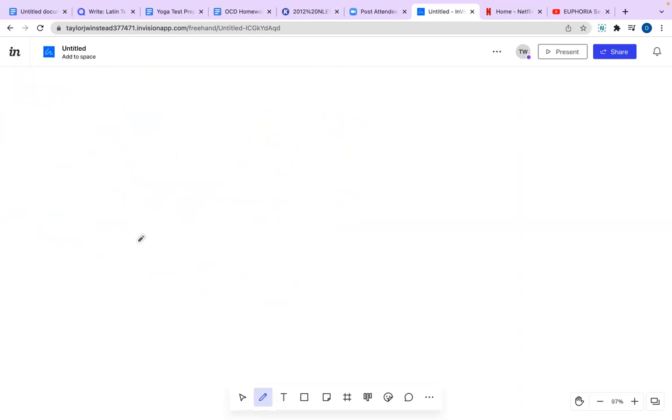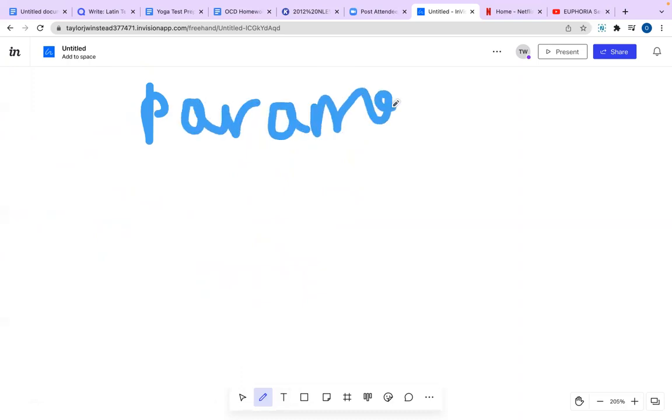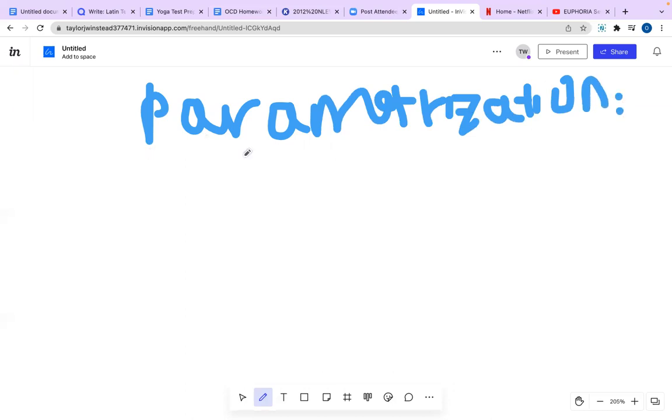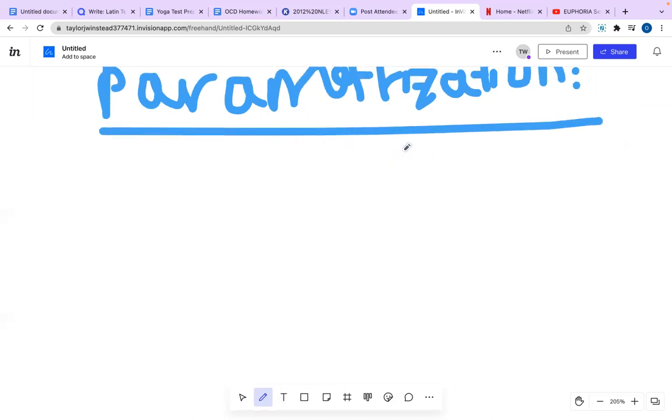But then the third example that we're going to take here, we're going to introduce an idea called parametrization. Okay, so parametrization is a really fancy, really long term, but it's actually pretty simple.